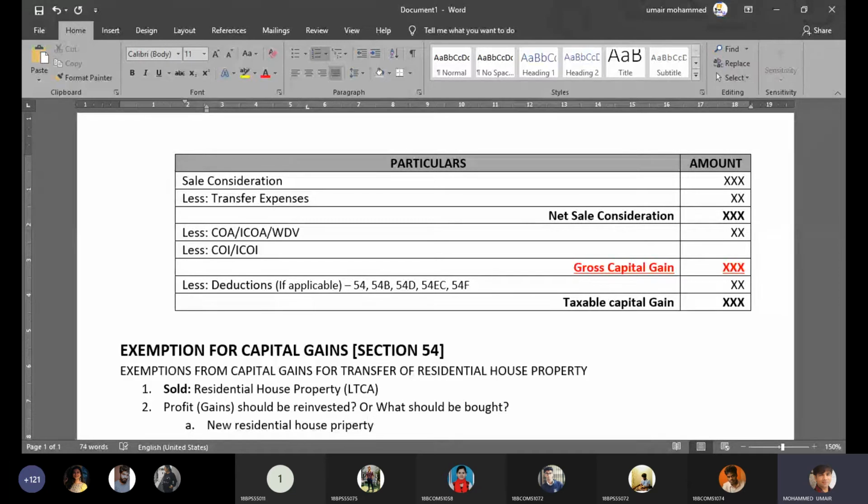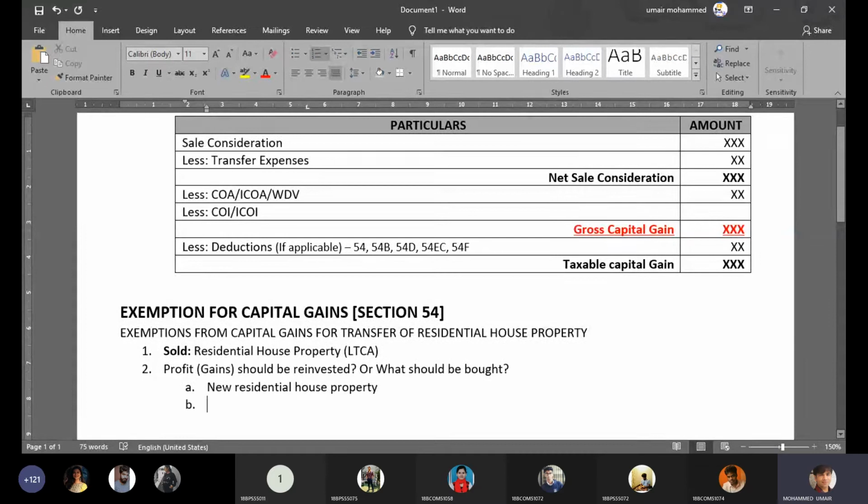First, after selling that residential house property, you should buy one more house property, also referred to as a new residential house property. Option 2, deposit the amount in the capital gain scheme.